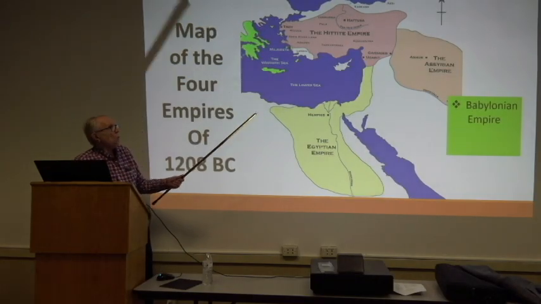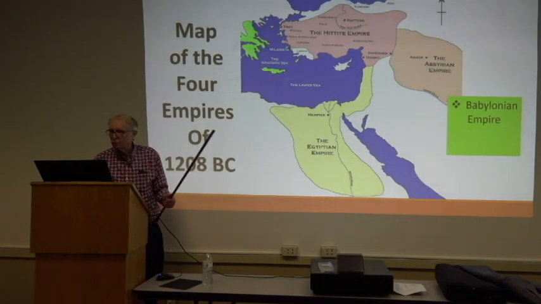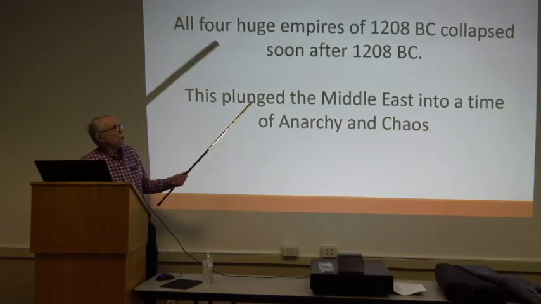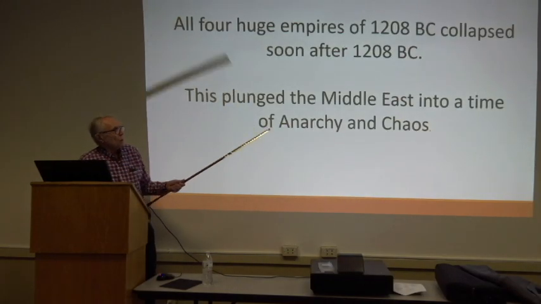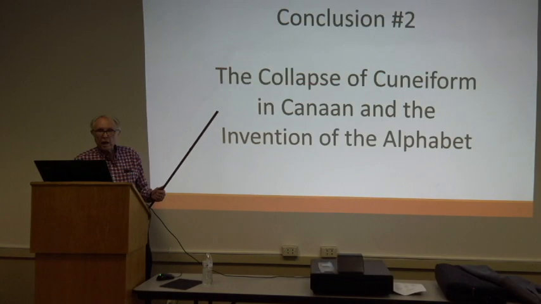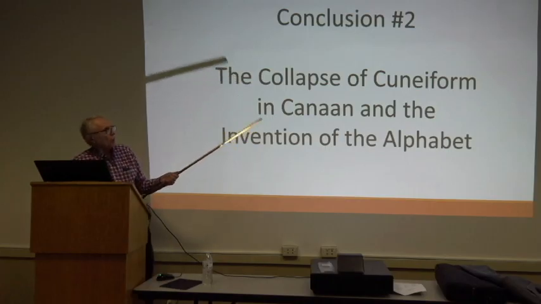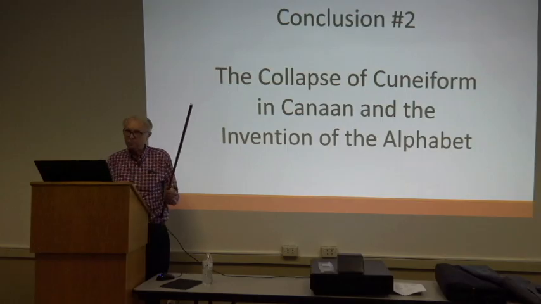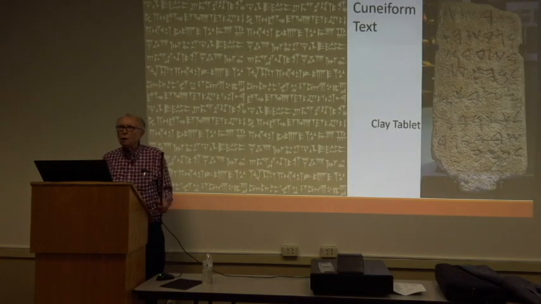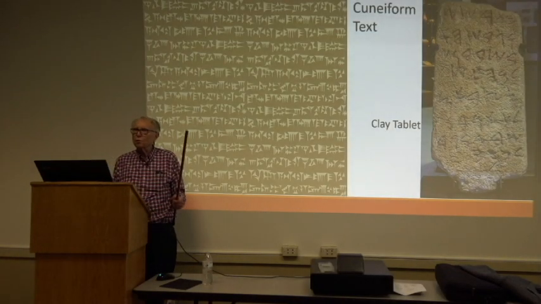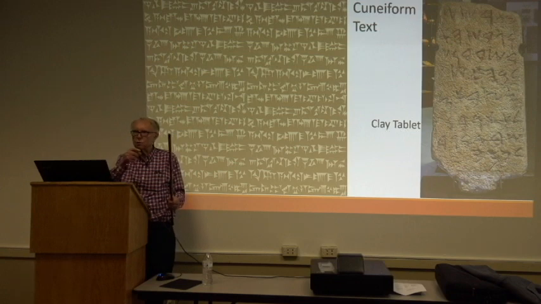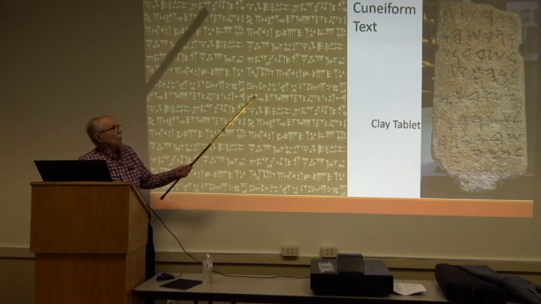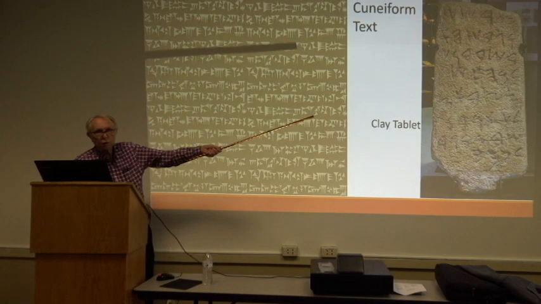So these four empires collapsed. They collapsed soon after 1208. The Middle East became chaos. And we also had the collapse of cuneiform in Canaan. Has anybody heard of cuneiform, the clay tablets? Okay, we've got some people. That's a cuneiform tablet, a clay tablet.